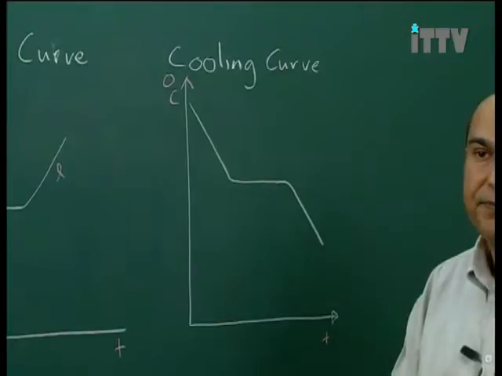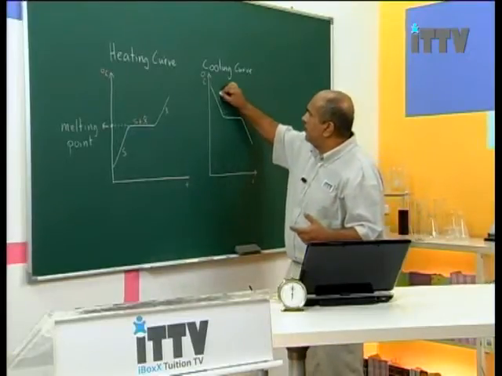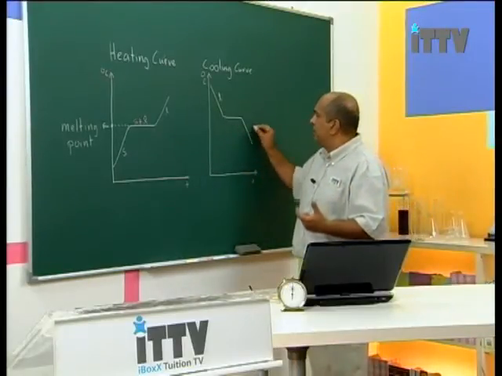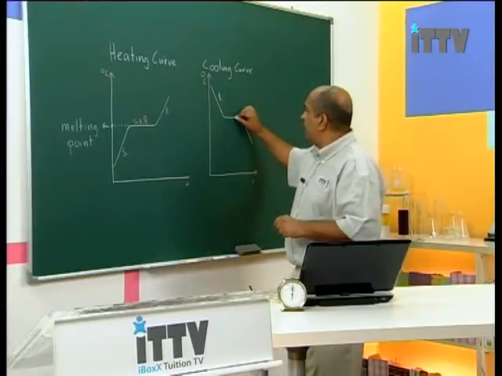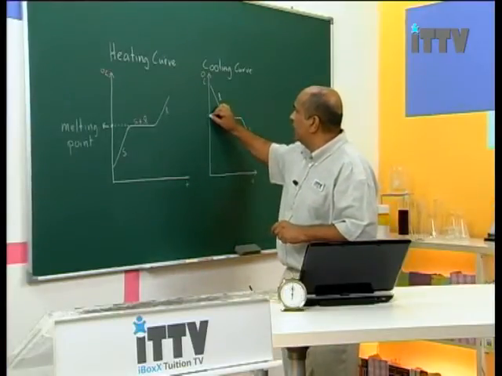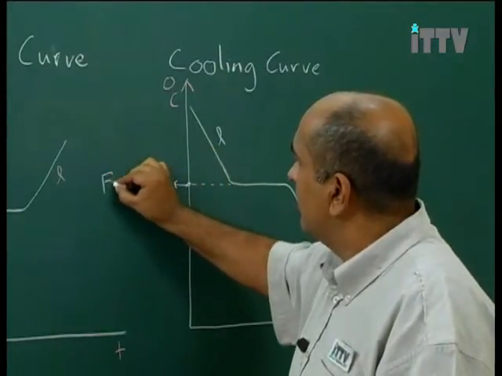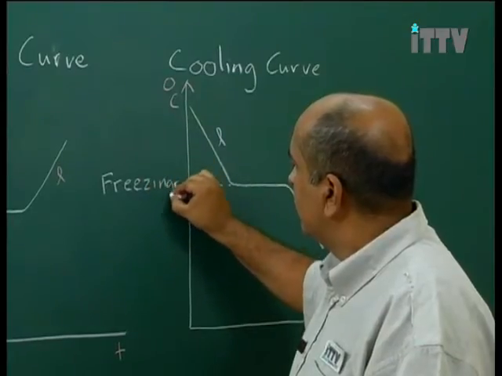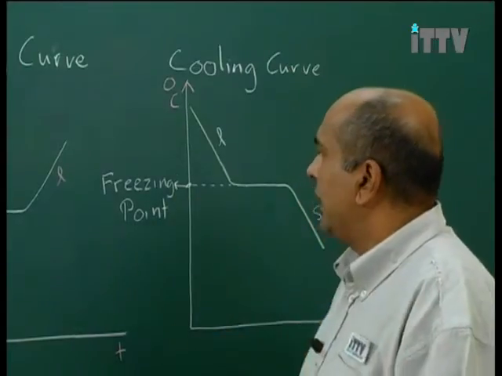once again. If we were cooling a liquid, over here, liquid. Liquid cools and becomes a solid. The temperature at which a liquid changes to a solid, here, this is your freezing point.